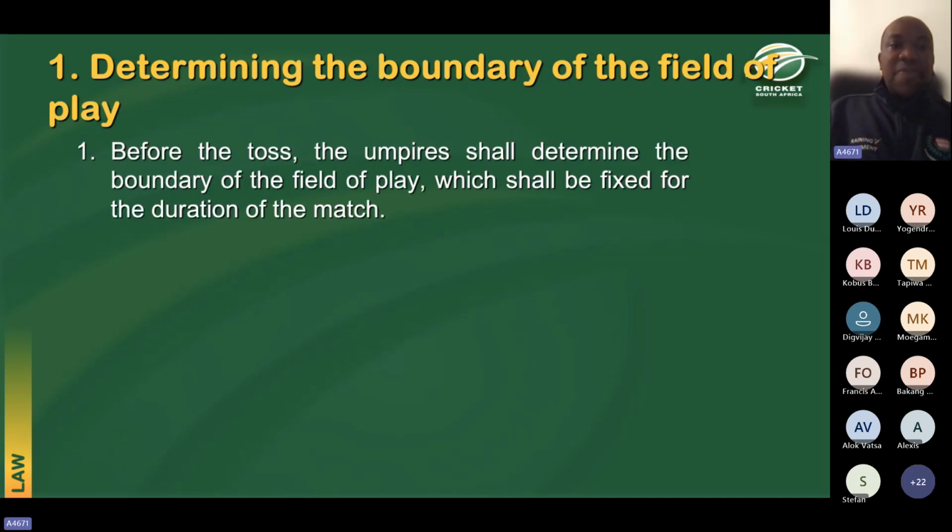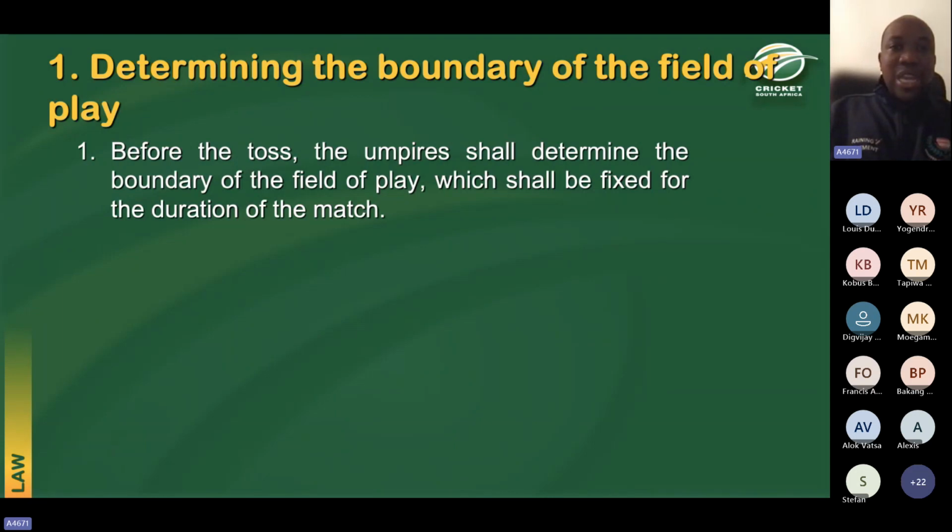Law tells us that before the toss, the umpires shall determine the boundary of the field of play, which shall be fixed for the duration of the match. Sometimes when you get to a field, it is not that clear and obvious. Maybe the club does not have a rope running all the way around the field to demarcate the boundary.